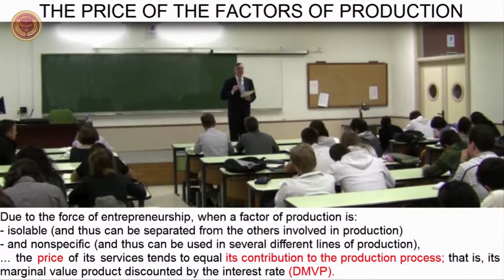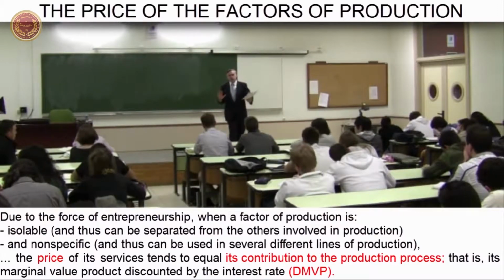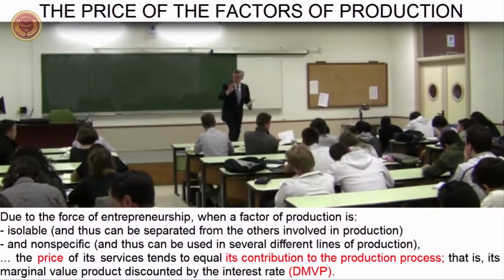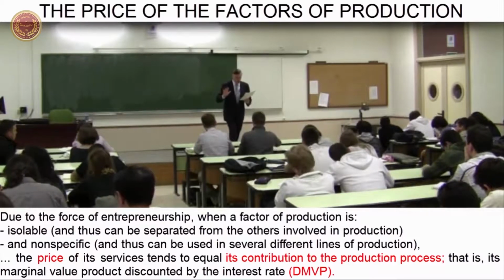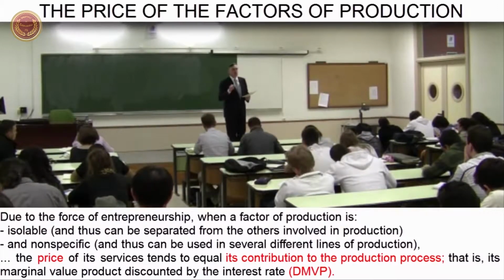I will explain the term discounted marginal value product in greater detail in a moment, but it consists precisely of the value of our contribution to the process of production.